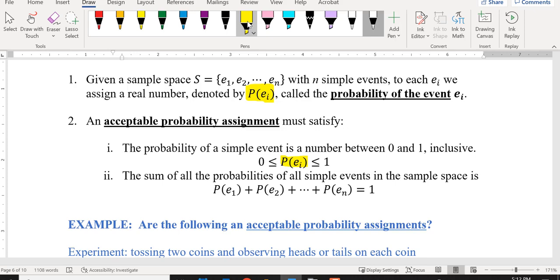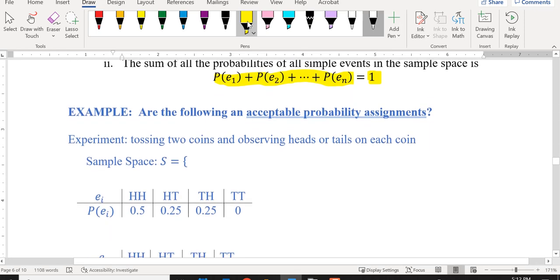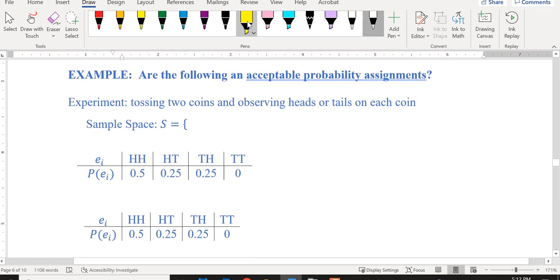And the second condition, the sum of all the probabilities of all simple events in a sample space has to add up to 1. If you add all the probabilities of the events in the sample space, it has to add up to 1.